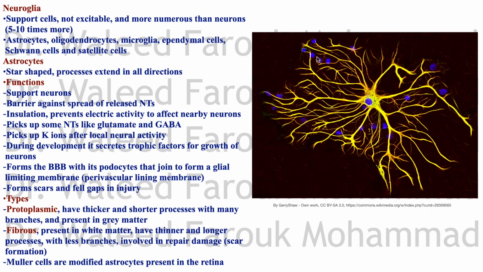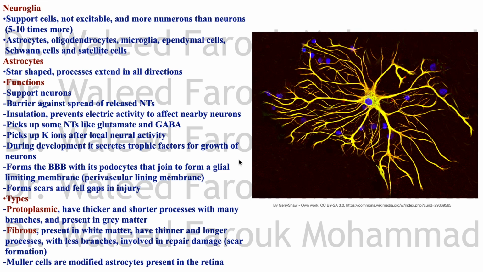If you take a look at the astrocytes, this is an astrocyte. Its star-shaped processes extend in all directions, as you can see here. The functions of astrocytes: they support neurons, provide nutrition, and form a barrier against spread of the released neurotransmitters, so that the impulse does not spread all over the nervous tissue.